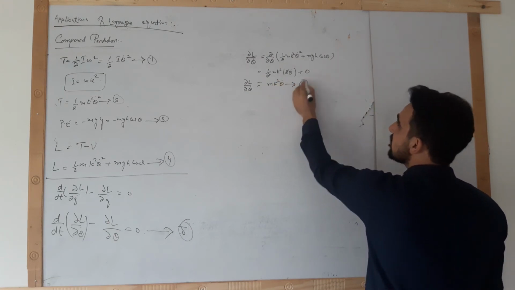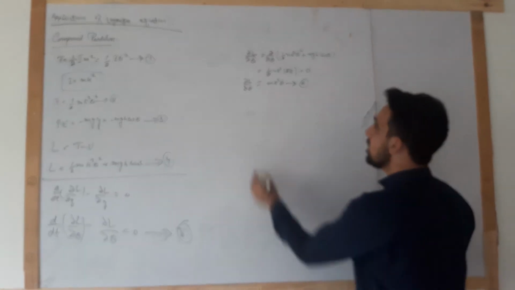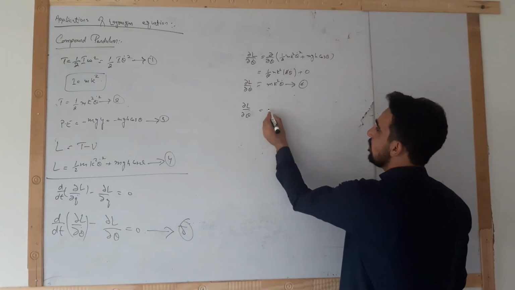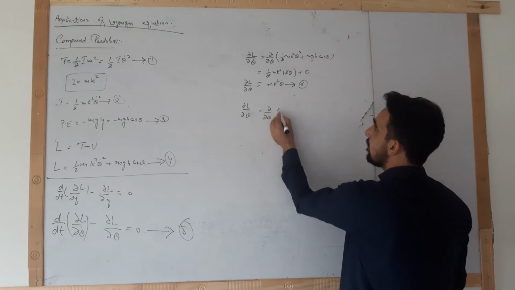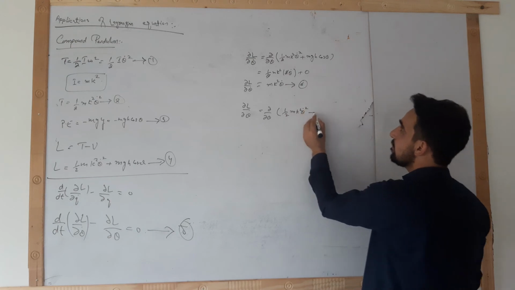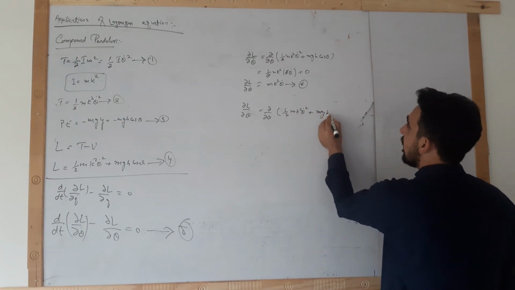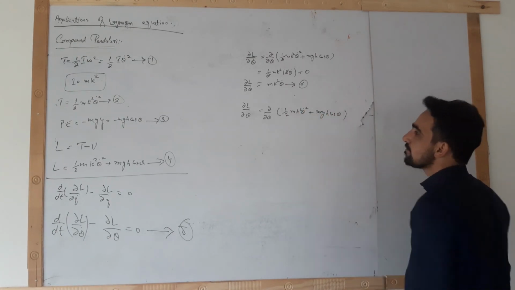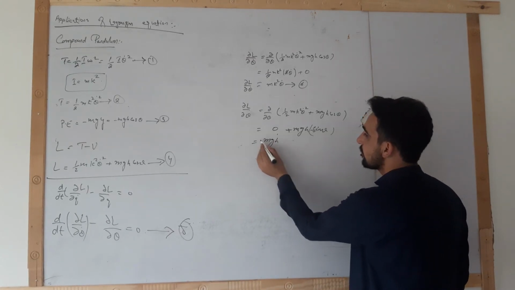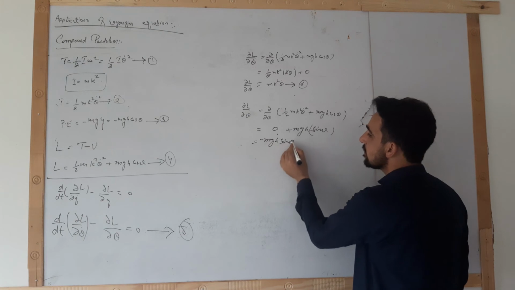This is equation number 6. Similarly, partial L by partial theta is equal to partial by partial theta of half m k square theta dot square plus mgh cosine theta, which gives minus mgh sine of theta.